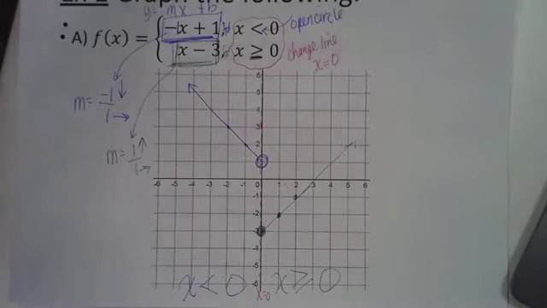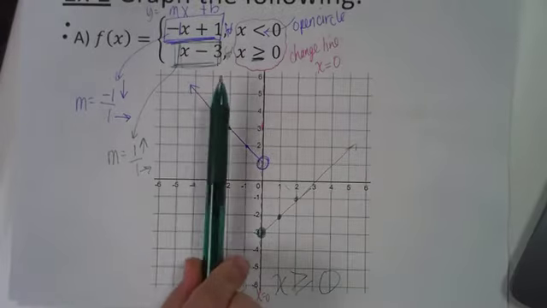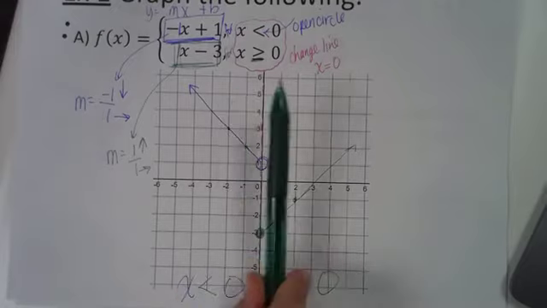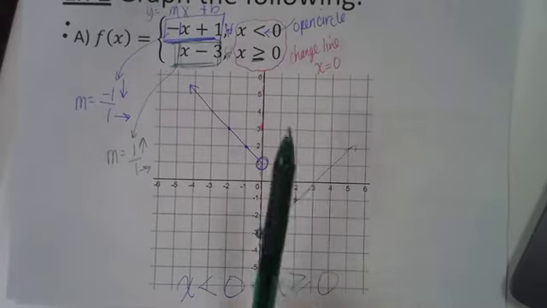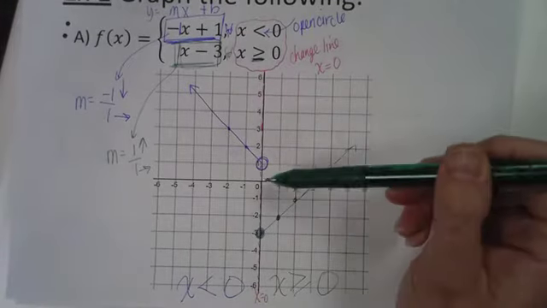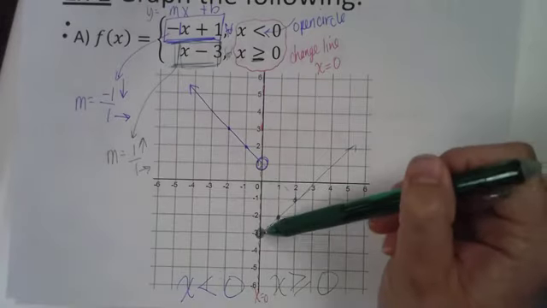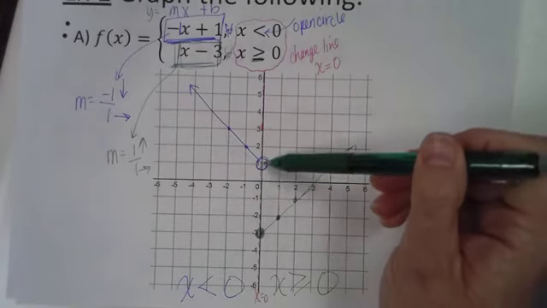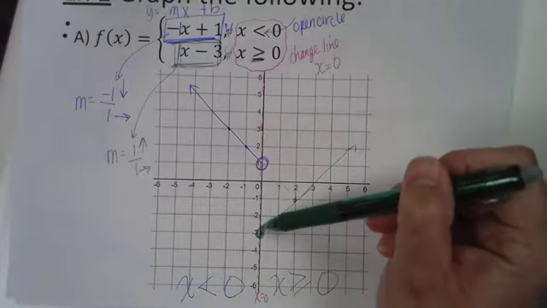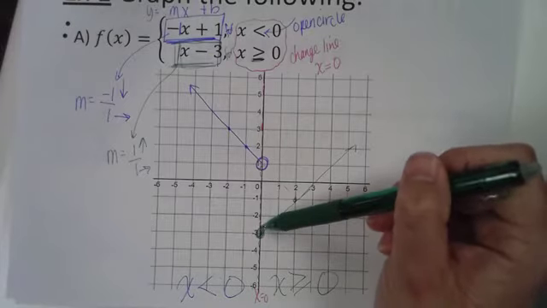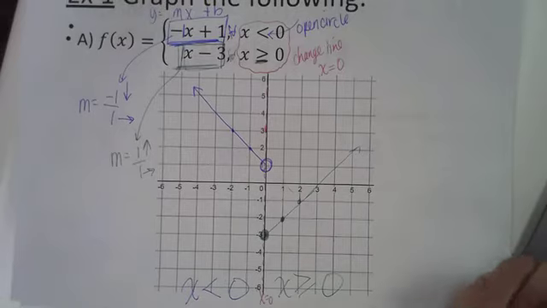Does this pass the vertical line test? Kind of. I like that answer. Okay. So the question would be right here. What's going on right when x equals 0? There's an open circle and there's a closed circle. Which one is included?